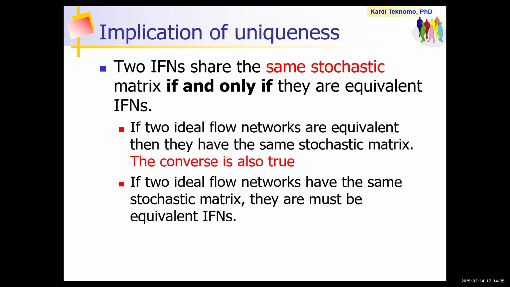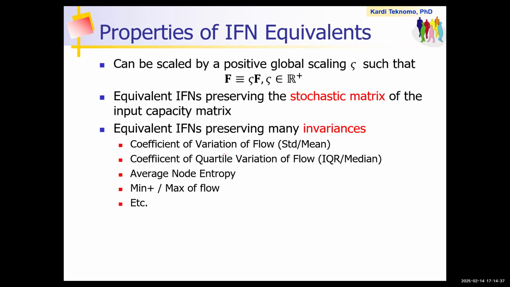So then these are the properties. If you have two equivalent IFNs, they will preserve the stochastic matrix. Because of that, they will also preserve many invariants.